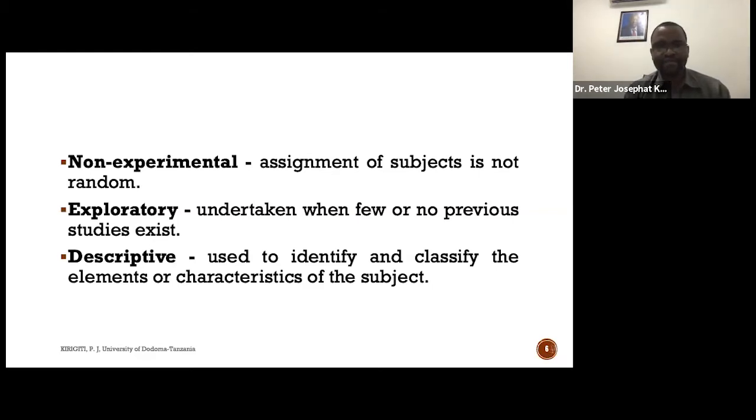We'll have very limited literature review if we go for the exploratory study. For instance, the case of COVID is very new, so scientists are working all day to establish the facts. But if we are interested in just an overview of a certain problem, then we can opt for the descriptive survey.